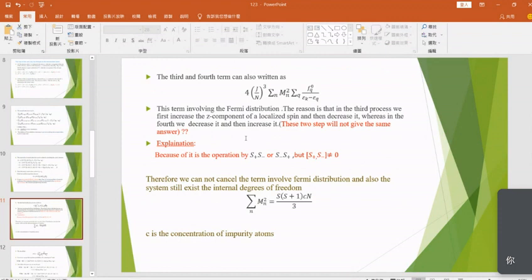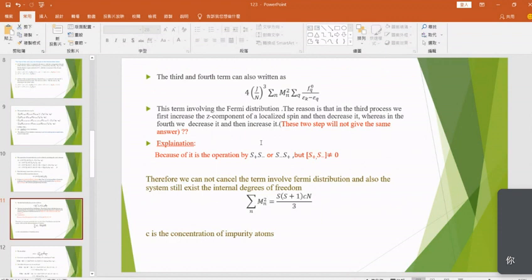But when we combine the third and fourth term, it is written as this term, but it also involves the Fermi distribution. The reason is that in the first process we first increase the Z component of a localized spin and then decrease it, whereas in the fourth, we decrease the Z component spin projection Mn and then increase it.